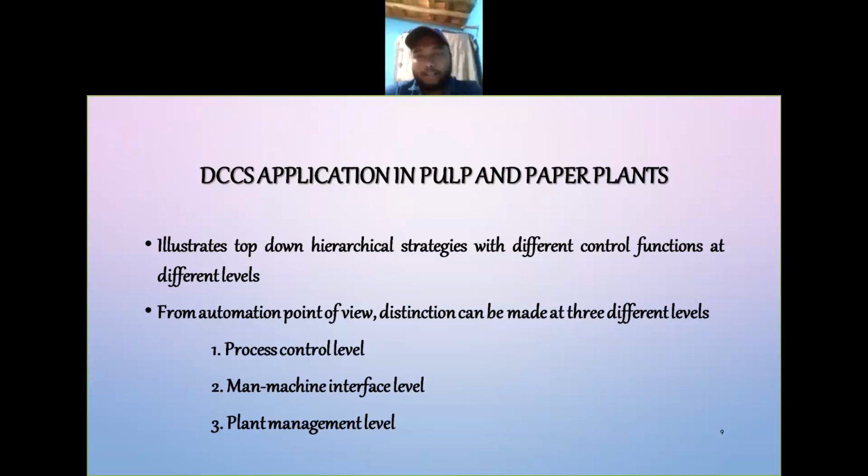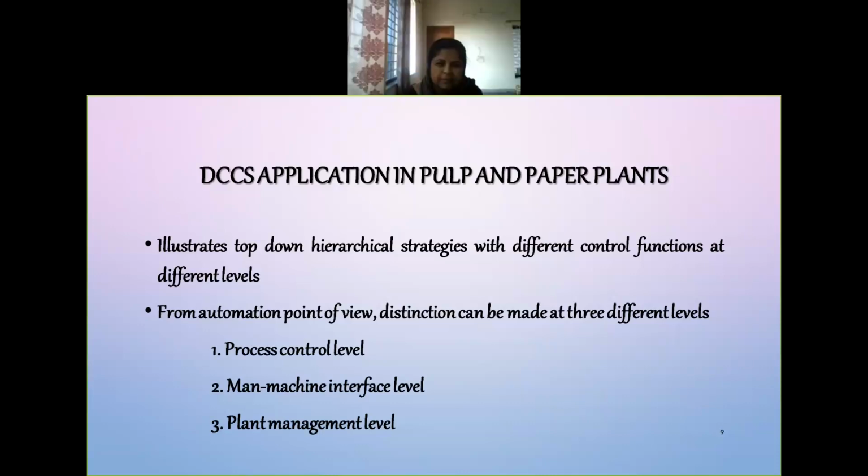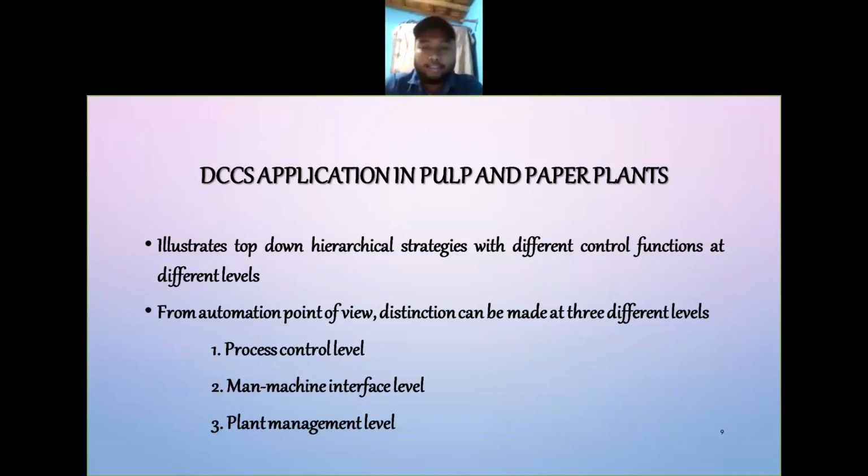In the man-machine interface level, the sub-processes are interconnected and branched into an entire single control loop. It is controlled by the man. The data transformation takes place between the sub-processes and the control units via buses or links. It can be taken for safety purposes also. Next slide.